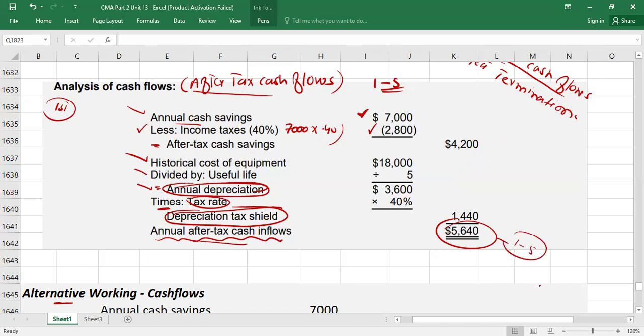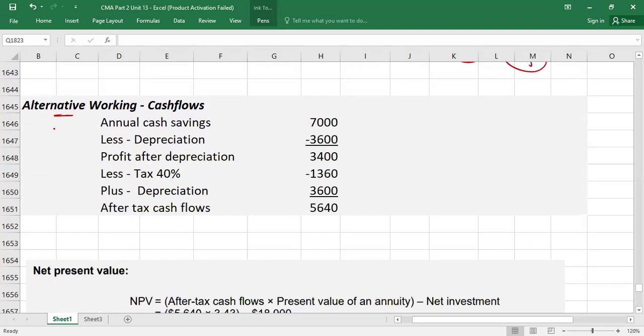Okay, so now I'm showing you another way. This is the first way we can follow. The second way gives the same result. This is the alternative working. Again, we are calculating the after tax cash flows from year 1 to year 5. We take the annual cash saving, which is given in the question as 7,000.